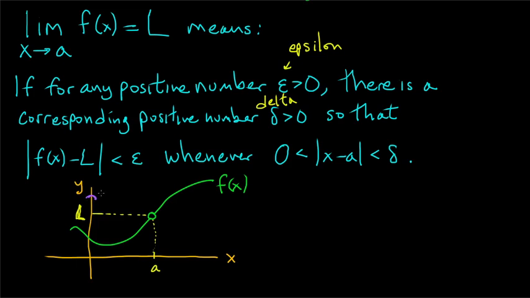So I'm going to make this number here L plus epsilon, and down here, this will be L minus epsilon. So any y value between L minus epsilon and L plus epsilon could be our f of x anywhere in there.